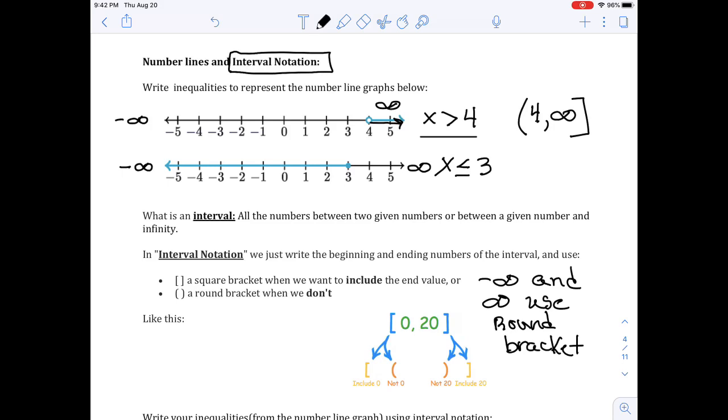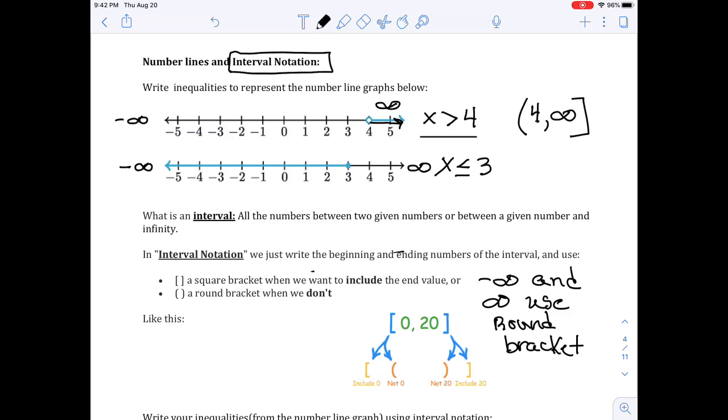Now, what does that look like when we write it using interval notation? Well, when we write interval notation, it is from the smallest value to the largest value.